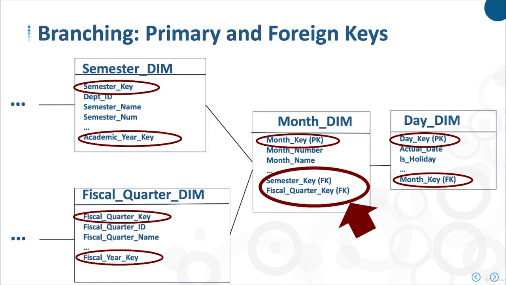So semester key is the foreign key relating to the semester that particular month belongs to, but it's also pointing to a specific fiscal quarter as indicated by the fiscal quarter key. So we use a combination of more than one surrogate keys as foreign keys when you have branching involved.